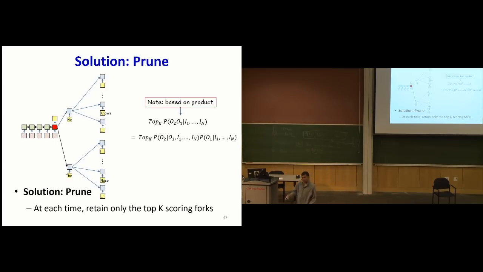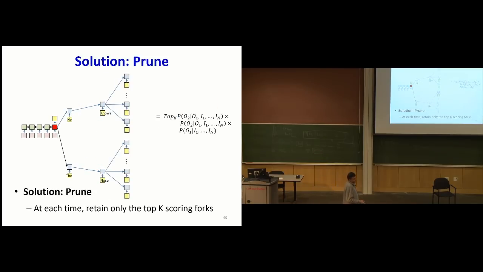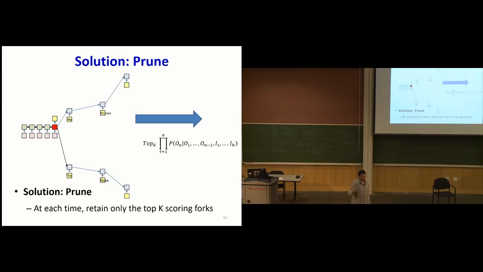And over that pair, you would choose the top k, and retain only the top k and prune the rest. And then those k are going to be expanded again. And then again, the total probability of any particular branch is the product of 3 probabilities over here. You're going to choose the top k amongst those, retain only those, and keep going forward.